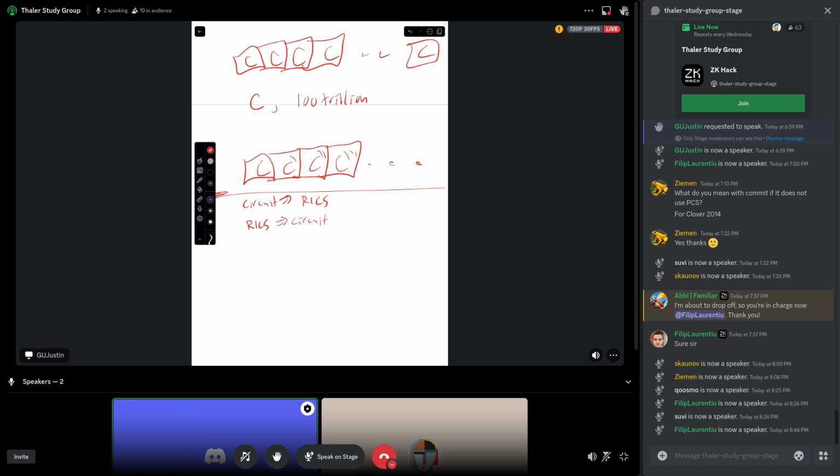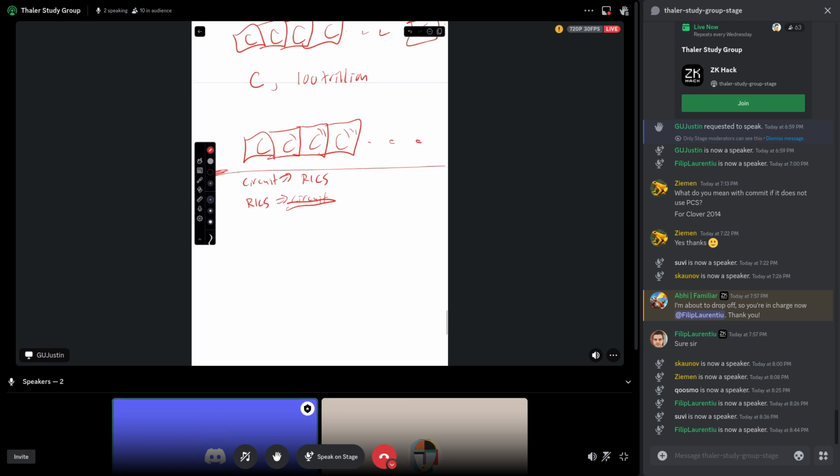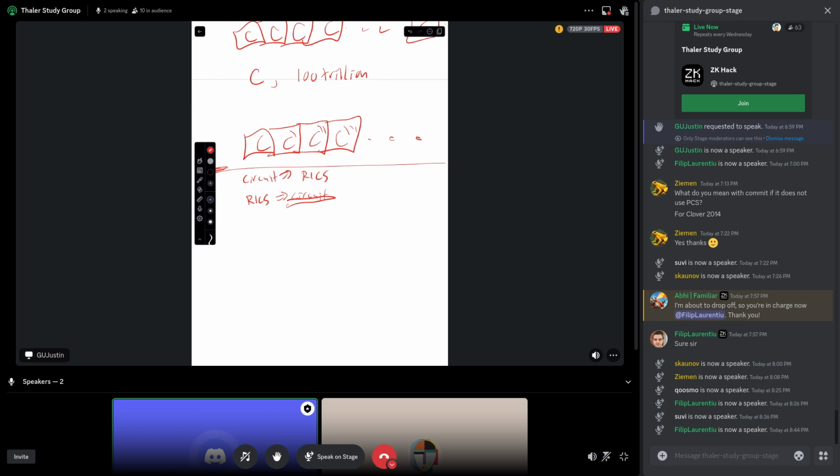But the circuit that comes out is actually very simple and silly. So what is this transformation? Let's say the R1CS has two rank 2 constraints, so let's say we have this constraint and this constraint.